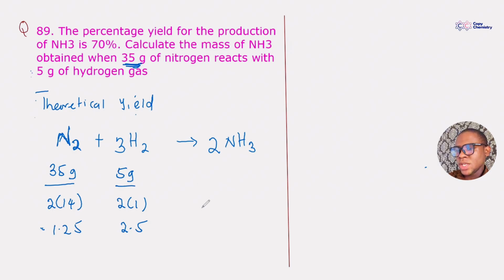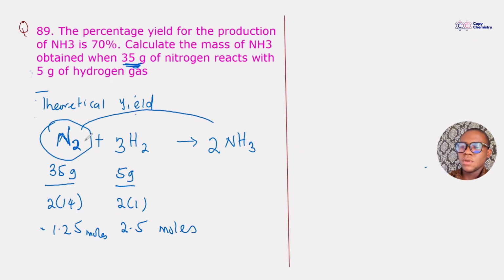Now, we need to figure out what the limiting reagent is, because it is that limiting reagent that we'll definitely use to figure out the amount of ammonia that should be formed, which would be our theoretical yield. So how do we do that?